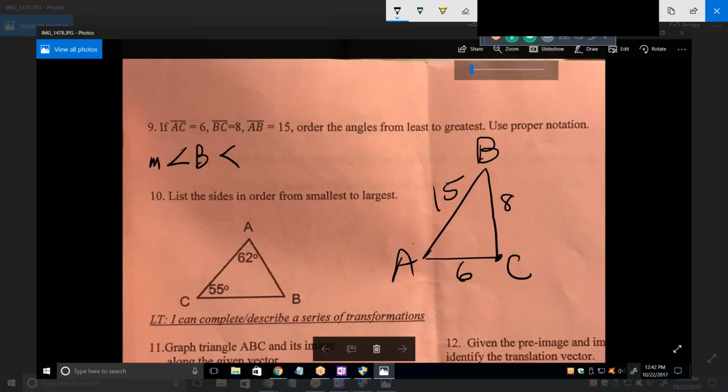A. So the measurement of angle A, and finally C. And whether you read that from left to right or right to left, it's true. In other words, B is less than A, which is less than C.